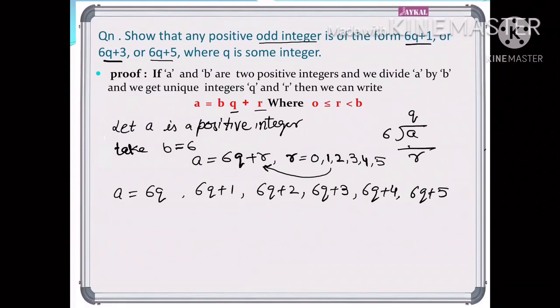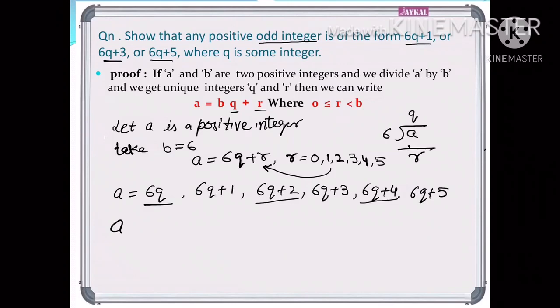Now recall from the question that a is an odd integer. Which of them do you think are odd integers? 6q is obviously an even integer because it is a multiple of 6, therefore it is divisible by 2. 6q plus 2 is also even because it is a multiple of 2. Similarly, 6q plus 4 is also divisible by 2.